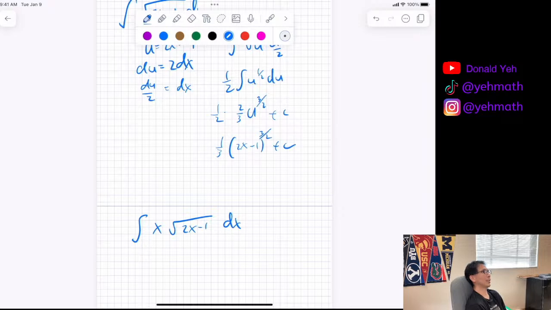Remember, your idea is to convert everything to u and du. Hopefully you figure it out. Obviously, you have to write u, right? U equals what? 2x plus 1. 2x minus 1. Oh, yeah.